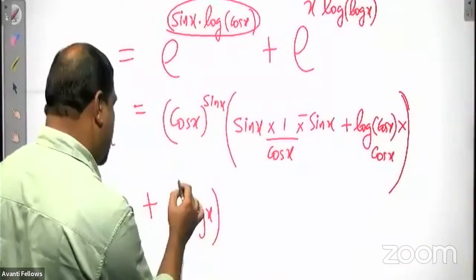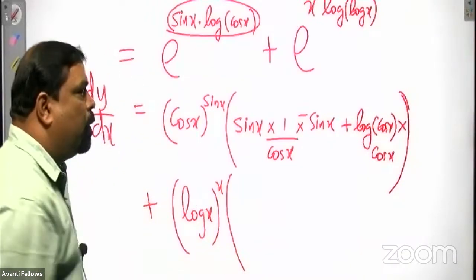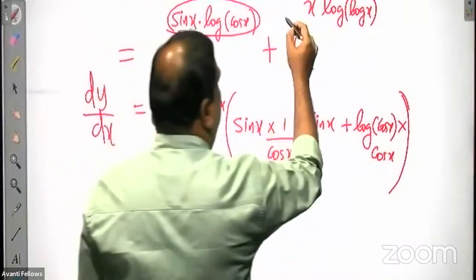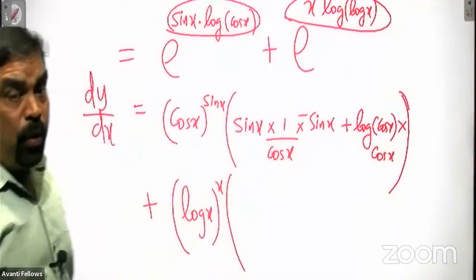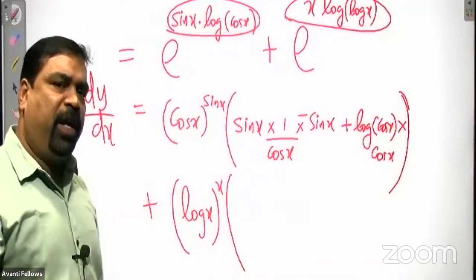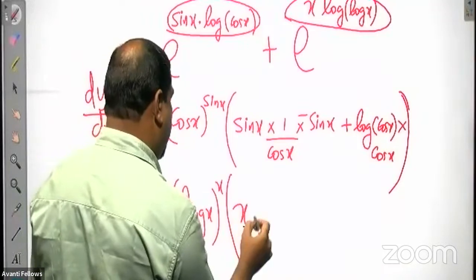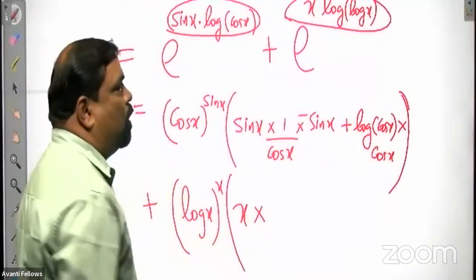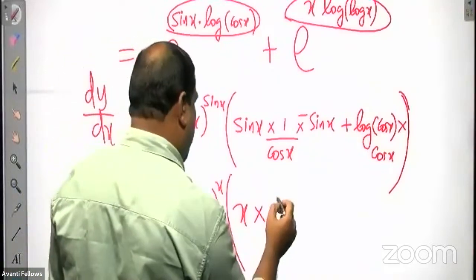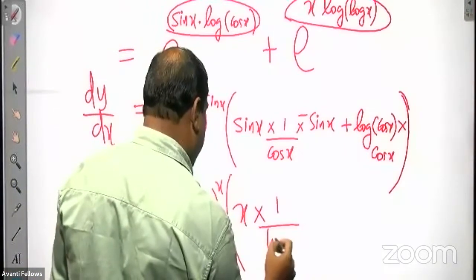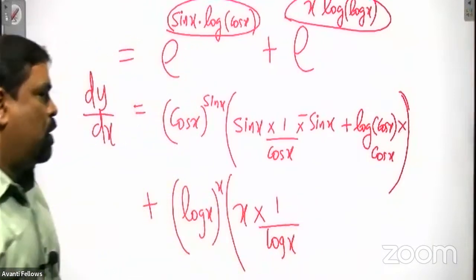Log x raised to x into the derivative of x into log x. So product rule again. x into the derivative of log x. The derivative of log x means 1 by log x, the derivative of the first logarithm.